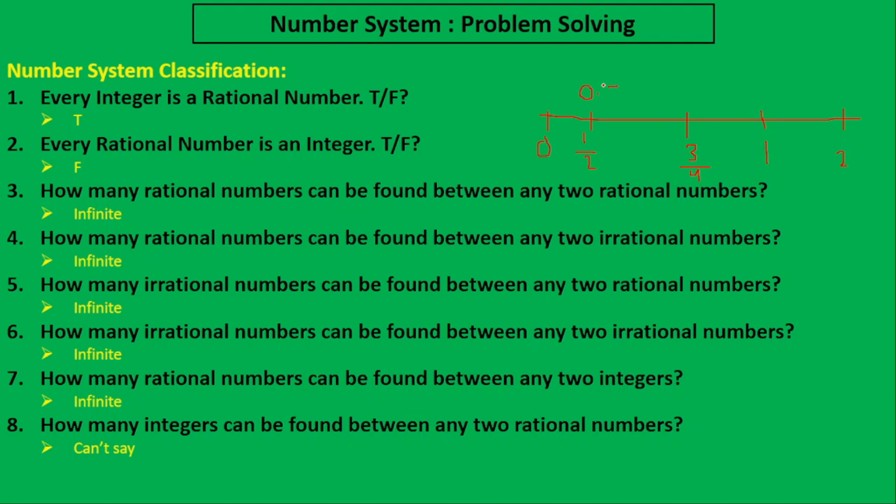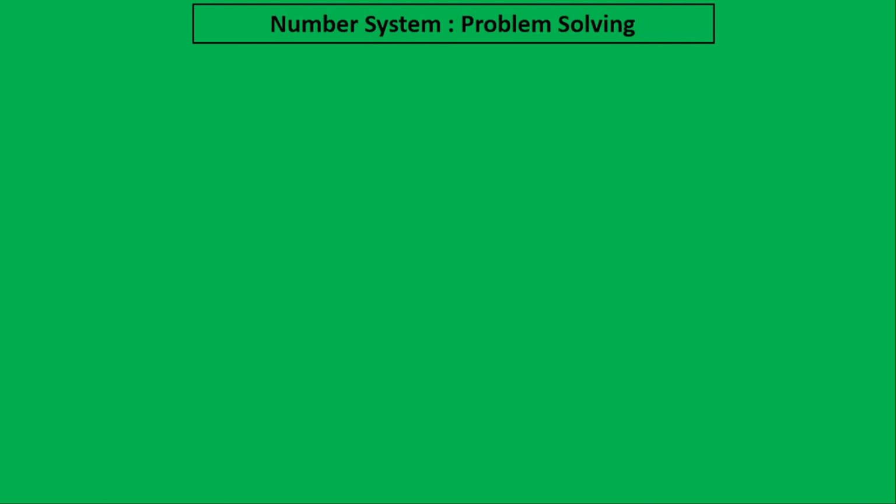It depends on the rational number values. 0.5, 0.75, and the integers are 1 and 2. So between 1 by 2 and 3 by 4 there is no integer. The question is how many integers? We can't say. It depends on how big those rational numbers are.